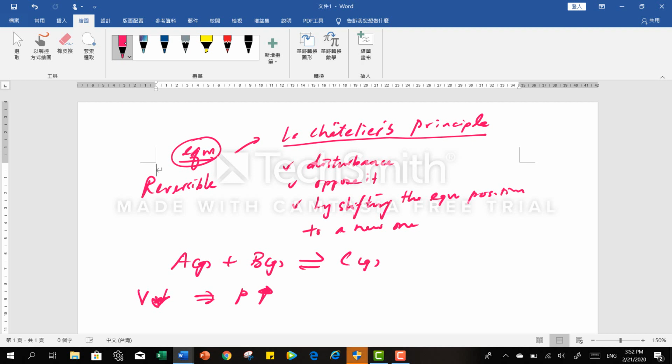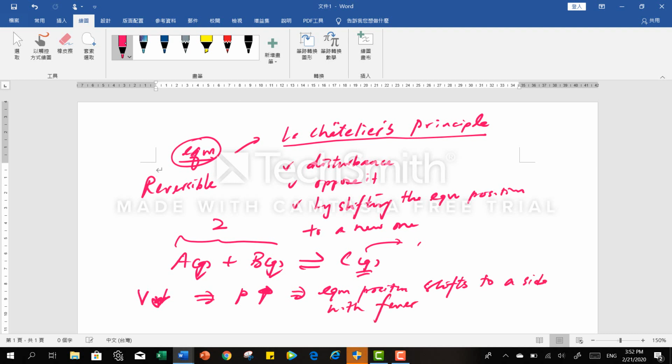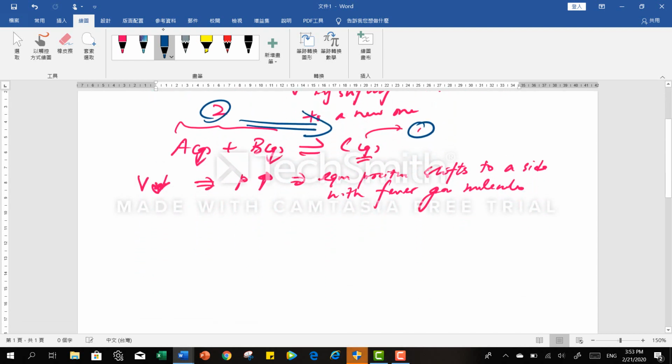When the pressure increases, altogether there are two gas molecules on one side and only one on the other. So the equilibrium position will shift to the side with fewer gas molecules. In this way, we know that the equilibrium position will shift to the right, because there is only one gas molecule but two here. This is the first part.